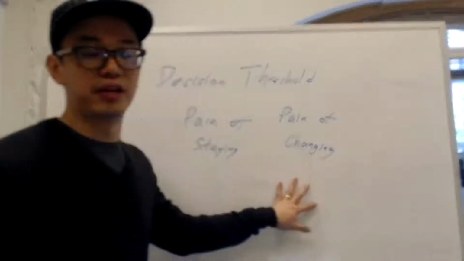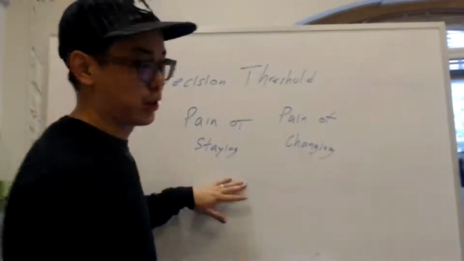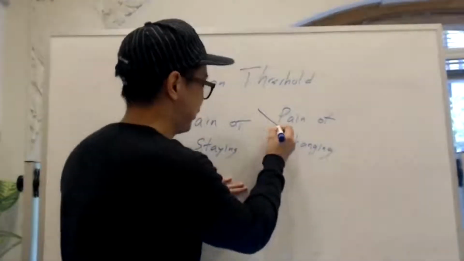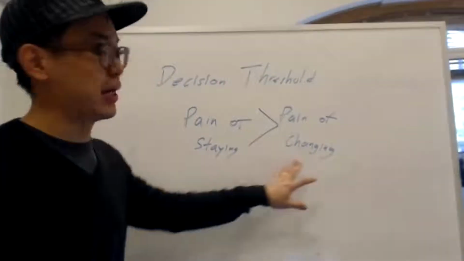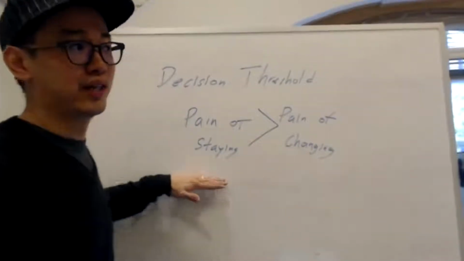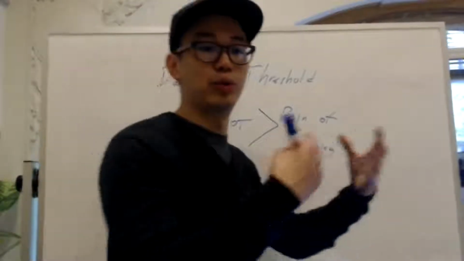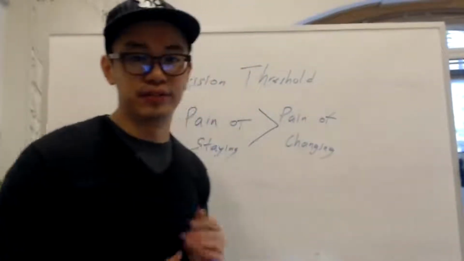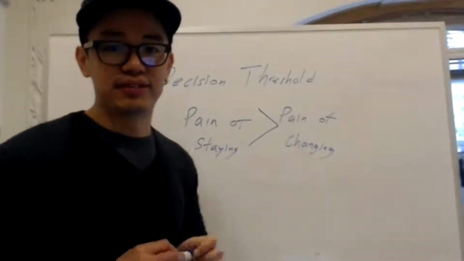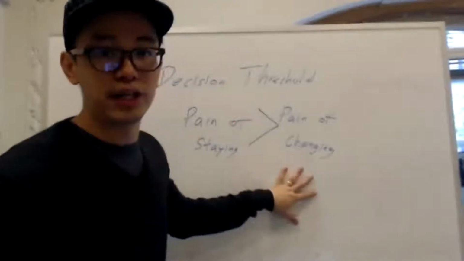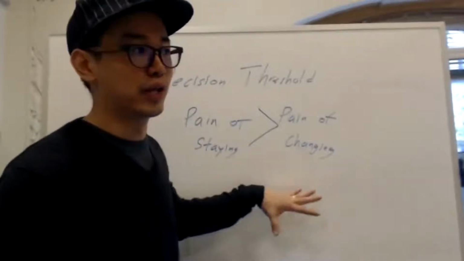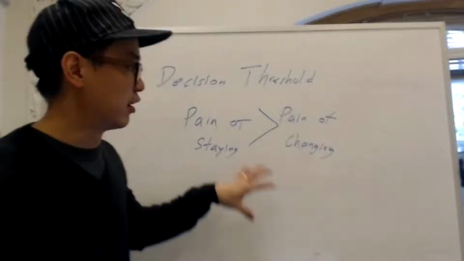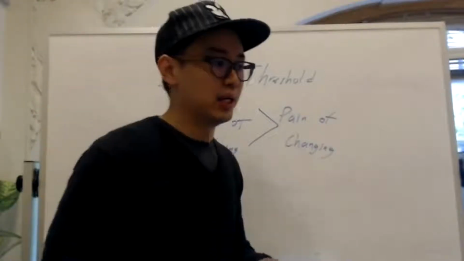And what happens over here is, you can imagine if the pain of staying is greater than the pain of changing, someone is more likely to take action to use your product or service. It applies in the same way to a consumer context, but it's much more interesting to look at in a B2B context because there are a lot of different ideas that can come up then.